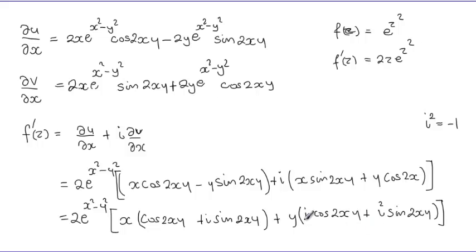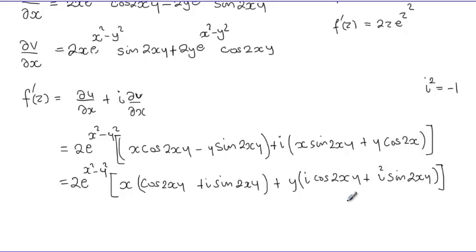So proceeding here, I think you can see that here we've got an i common factor. So what we're going to do here is to take out i as a common factor, which will give us iy. Then inside here we've got cosine 2xy plus i sine 2xy, and then continue with our square bracket there.